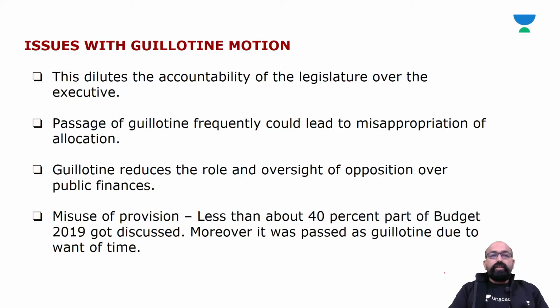Now, issues with the guillotine motion. This dilutes the accountability of the legislature over the executive. The passage of the guillotine could lead to misappropriation of allocation, and the guillotine reduces the role and oversight of the opposition over public finances.